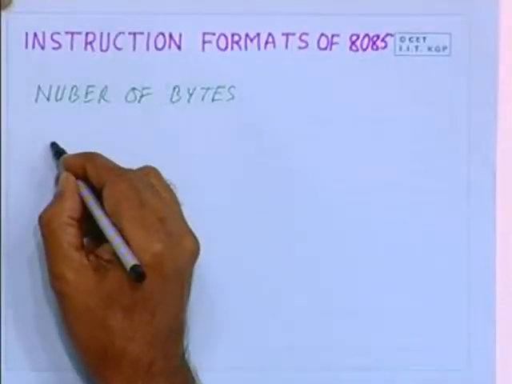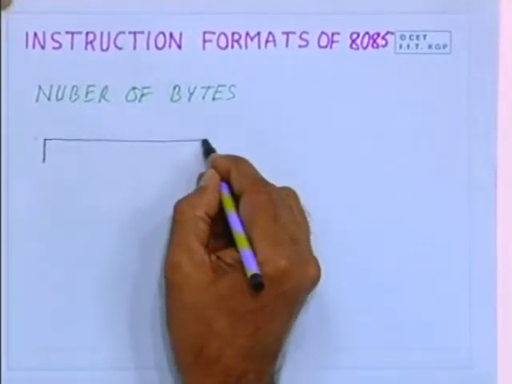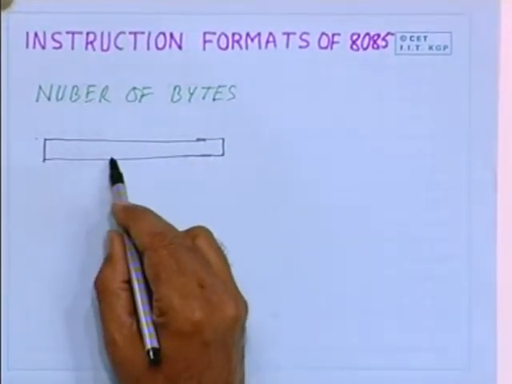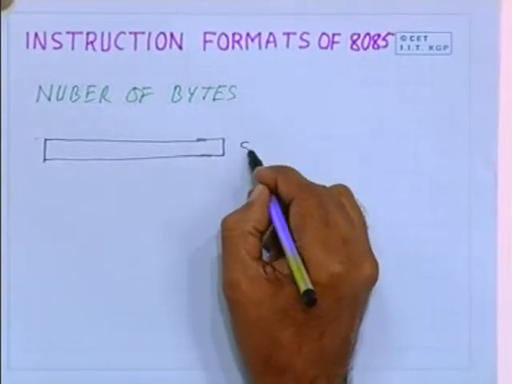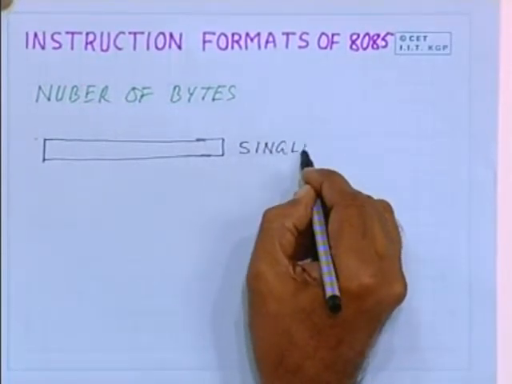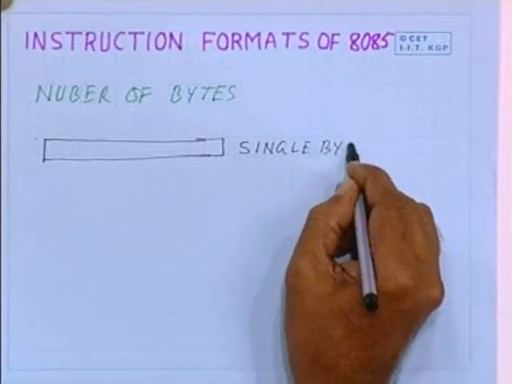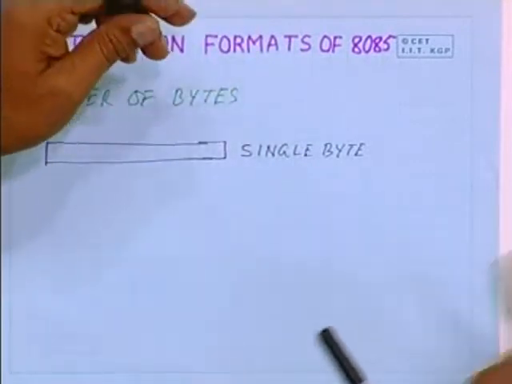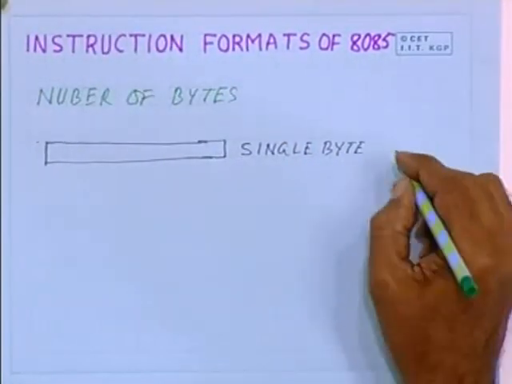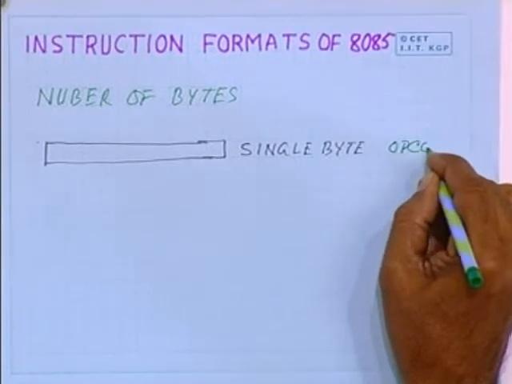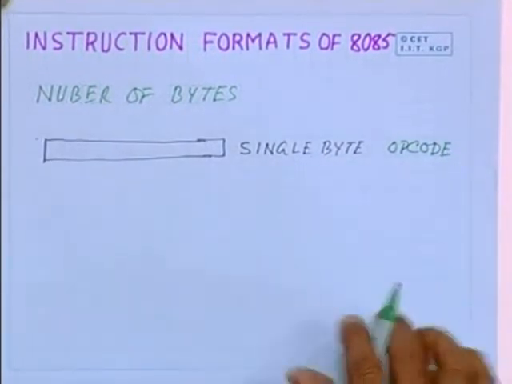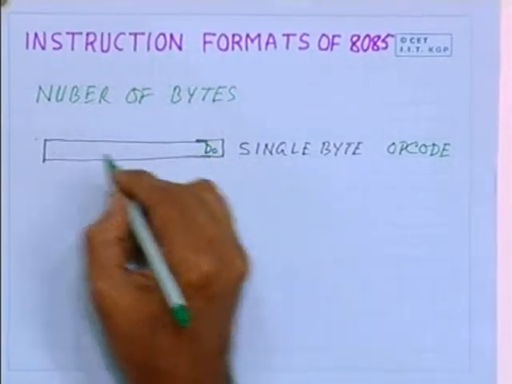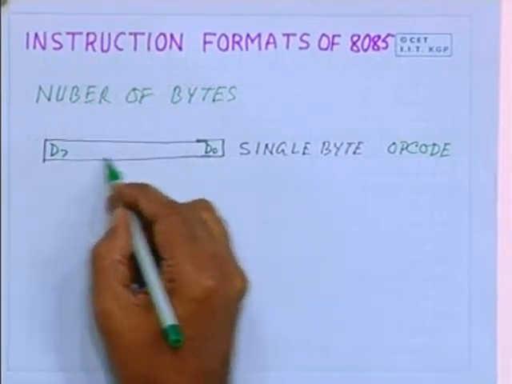An instruction can occupy only 1 byte, so it is called a single byte instruction. In this case the single byte will essentially store the opcode. So the opcode is stored in this single byte, where D0 to D7 are the different bit fields.